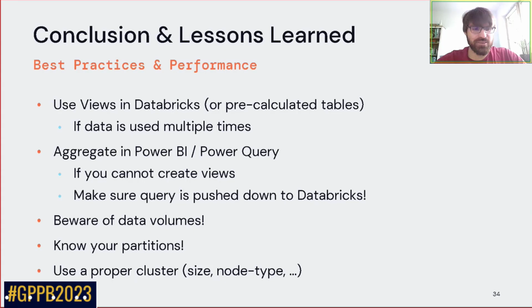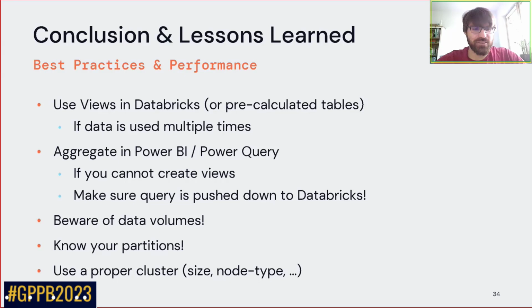And the last part is only related to the Databricks connector, obviously, because it's about the cluster, the size, and the node types, and in general the whole cluster configuration. There are specific cluster types, especially the storage optimized ones, that are preferable because they have SSDs and cache on the nodes themselves and do not need to access the data lake and load the data from there each and every time you run a query.